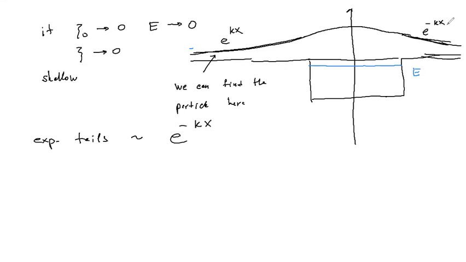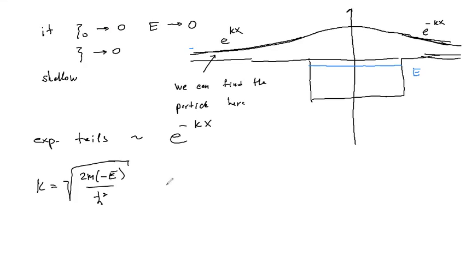These guys are supposed to make the probability to go beyond this potential well very, very small. But we know the parameter k. The parameter k can be related to the square root of 2m minus E over h bar square, yeah? This is my parameter k.